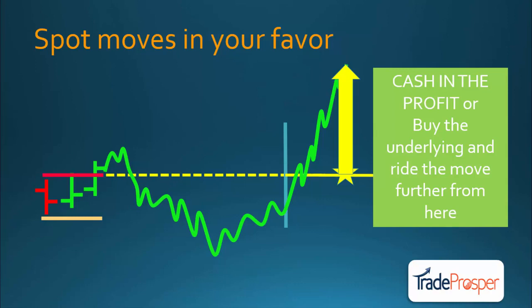Now, once again, you can take half of it off, or alternatively, what you can do is just physically at that point buy the underlying instrument. Now, what does that do? It puts you in the instrument at the same level that you would have been in had you just traded the underlying trend trading.